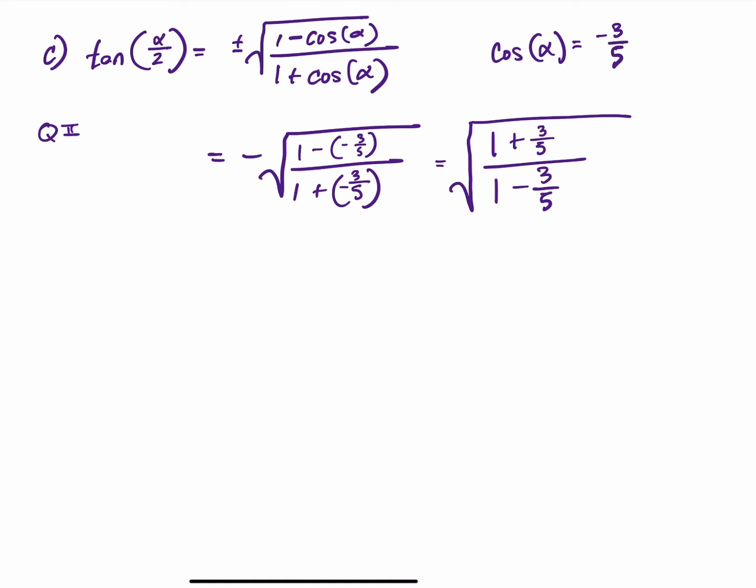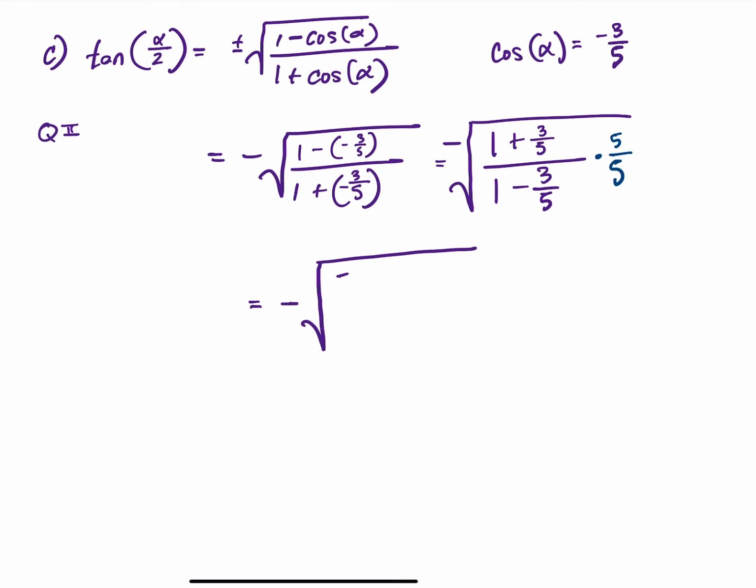So we can either turn the 1's into 5 over 5 and combine the fractions, deal with the double fraction, or we can multiply the top and the bottom by 5. I'm going to take that approach. So tangent should be negative, so I need to keep my negative in front.